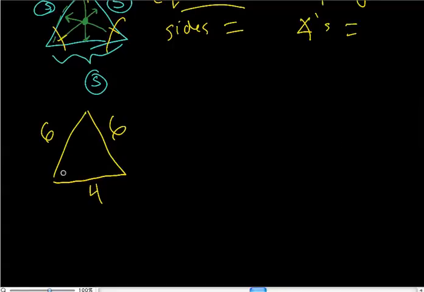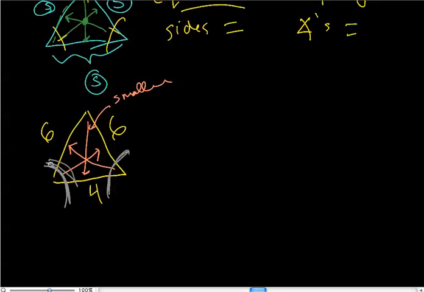Right? And if we follow that same rule, this angle opens up and makes that one. This angle opens up and makes that one. And then this angle opens up and makes this one. First of all, I know that this angle right here is going to be smaller than these two. Right? These two are going to be bigger. Which means that these two are going to add up to well over 90 degrees. So if this is the case, then according to our rule there, these two angles that make the two equal sides, those two angles are going to be the same.